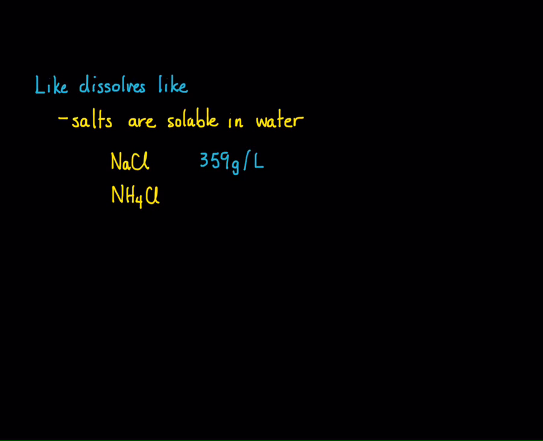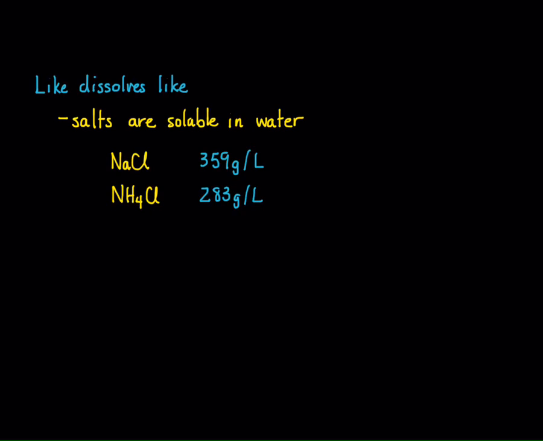So the NH4 is a polyatomic cation. It has some covalent bonding to it, and therefore it's not as polar as something like sodium chloride. And you see that in its solubility, right? It's only soluble in water, well, 280 grams.